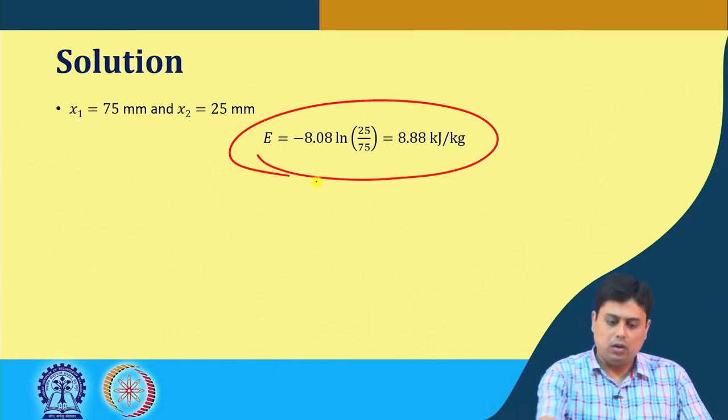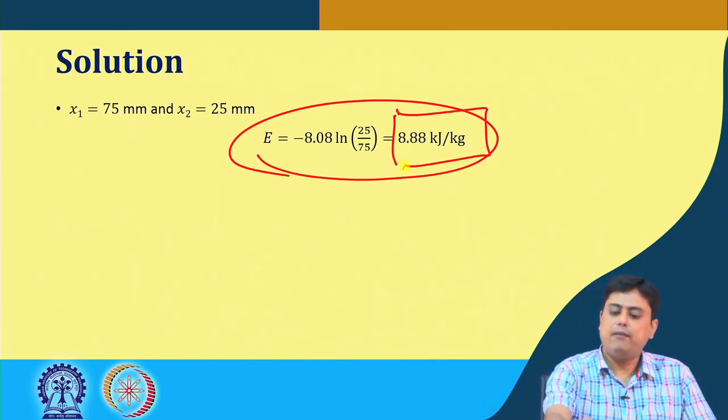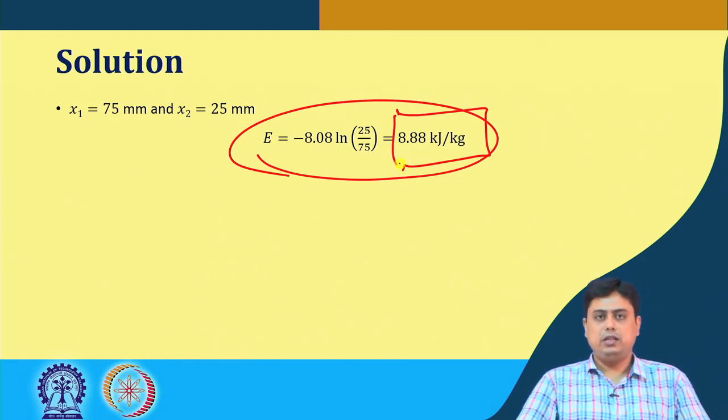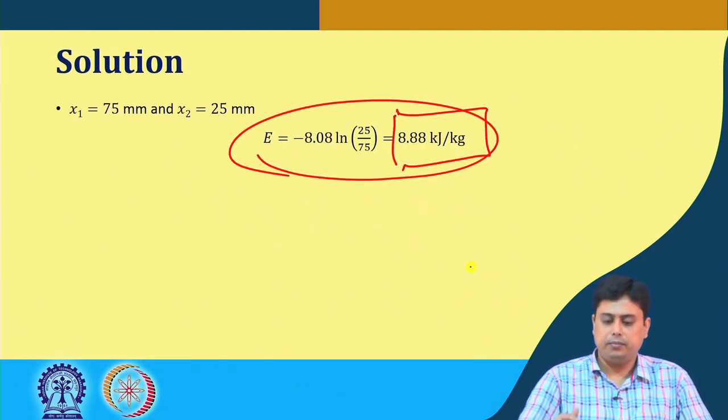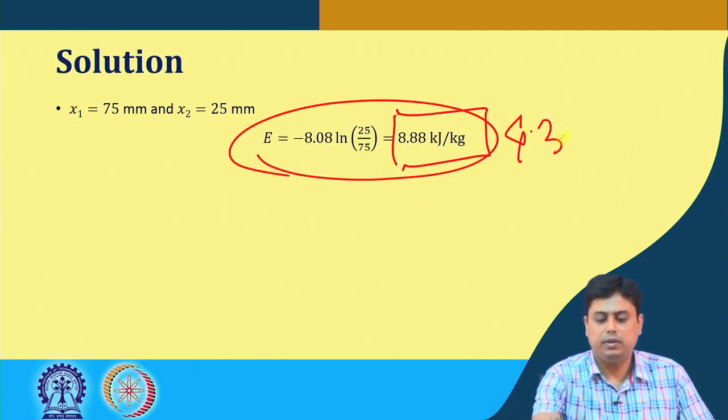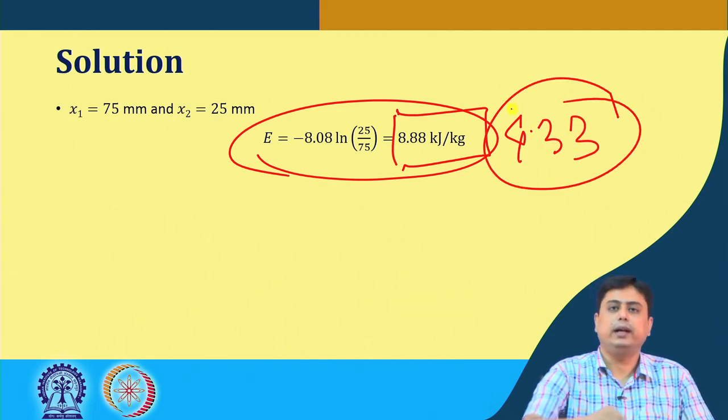So, from Kick's law we have an energy requirement of 8.88. From Rittinger's, we had 4.33, double of that.